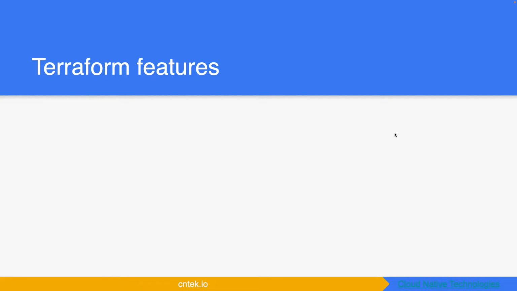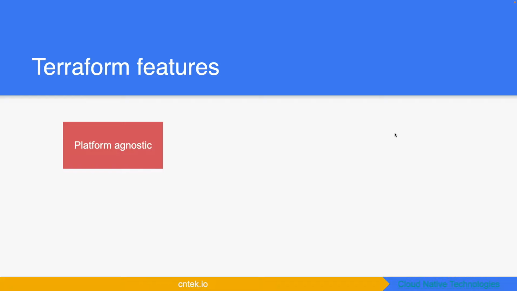Now, let's look at some of the features of Terraform. First of all, it's platform agnostic. What it means is with Terraform, we can manage heterogeneous environments with the same workflow. For example, with the same workflow and using the same language, we can manage resources on Google Cloud Platform or AWS or Azure, or on GitHub itself, like creating repositories or managing users.